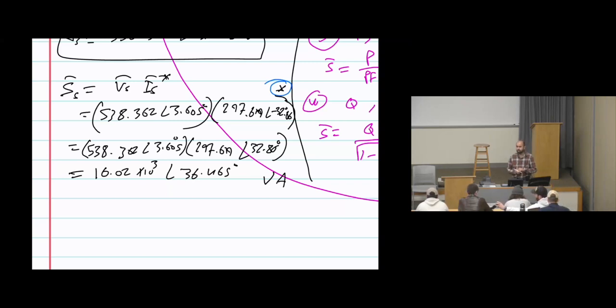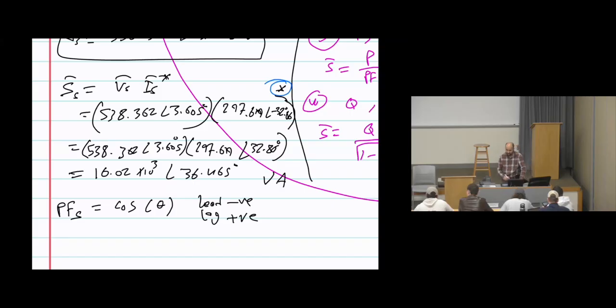But now, our target is to calculate the power factor. How to calculate the power factor? Power factor of the source is actually the cosine of the angle, right? And it can be leading or lagging: if the angle is negative, leading; if it is positive, lagging. Now, look at the angle. Is it positive or negative? Positive, right?